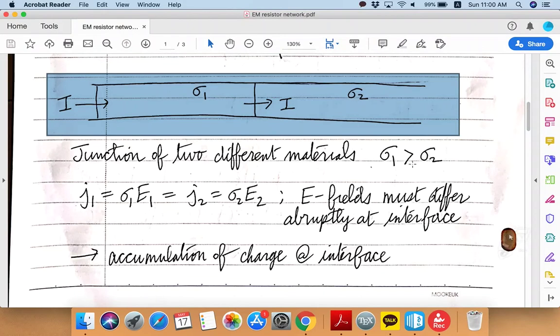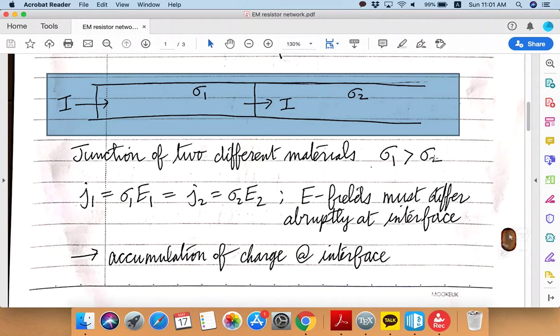Purcell is an experimental guy, so he worries a lot about many of the practical situations that happen in real life experimental situations. And of course, that's a really valuable exercise, because so much of electromagnetism as a discipline is about solving experimental problems.